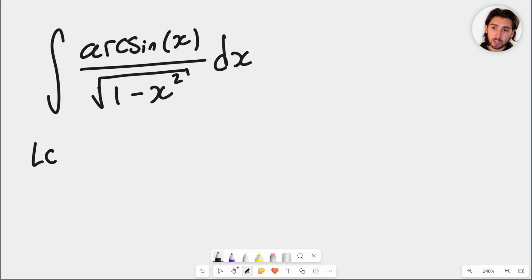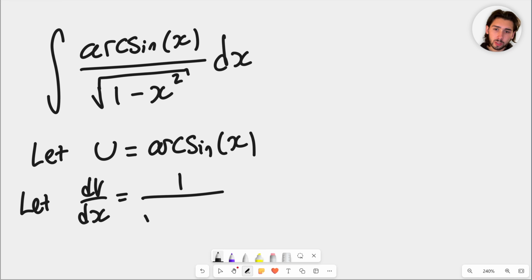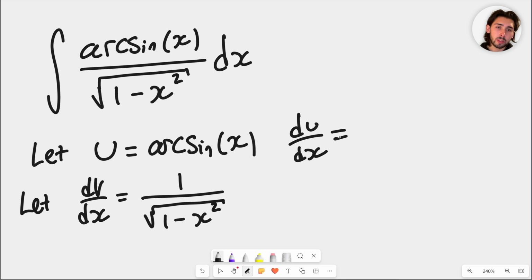So if we let u equal arc sine x, and we let dv dx equal 1 over the square root of 1 minus x squared, then we can see that du dx, because the derivative of arc sine x is just 1 over the square root of 1 minus x squared, is what du dx is going to be.